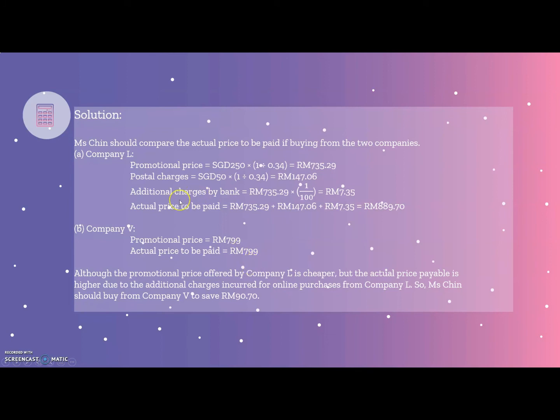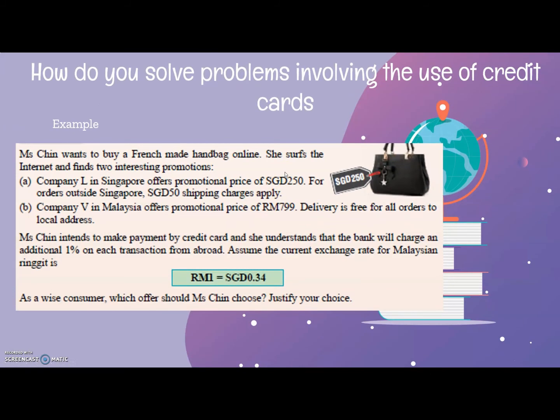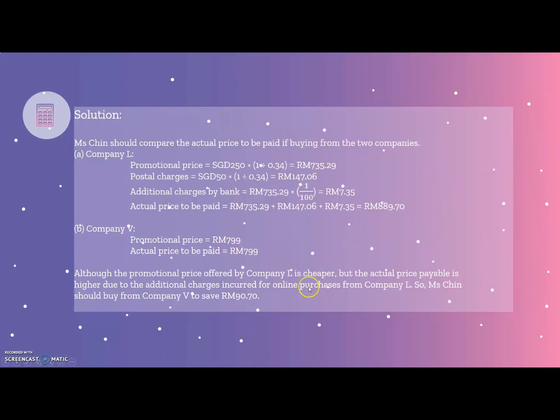It doesn't have postal charges or credit card charges, so the wisest choice to be made by Ms. Jean is Company B, because although the promotional price offered by Company L is cheaper, the actual price payable is higher due to the additional charges incurred for online purchases from Company L. So if Ms. Jean buys from Company B, she will save RM90.70.